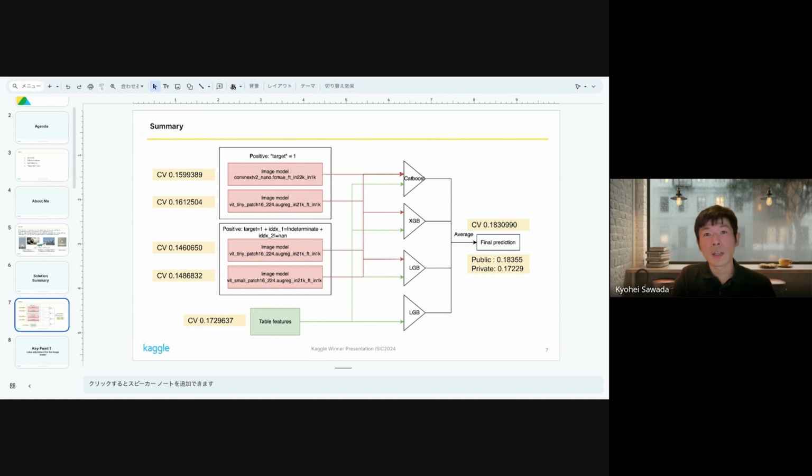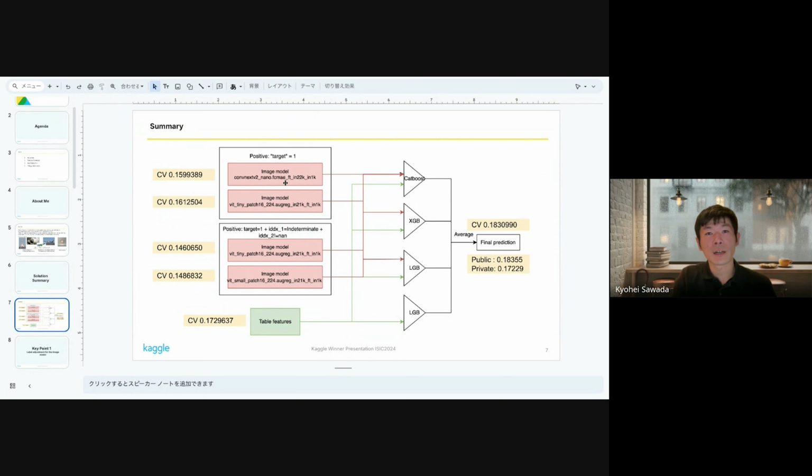And what's unique about my approach is that there are two types of image models, which were trained differently. This allowed for more effective integration with the GBDT models to improve the overall prediction.